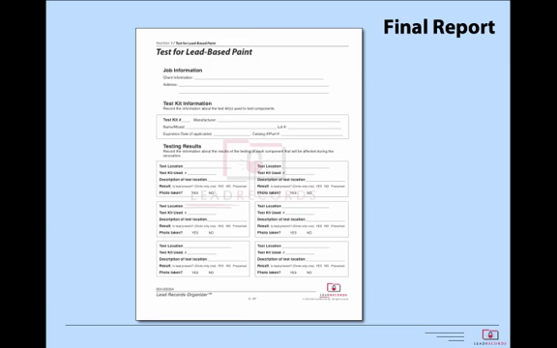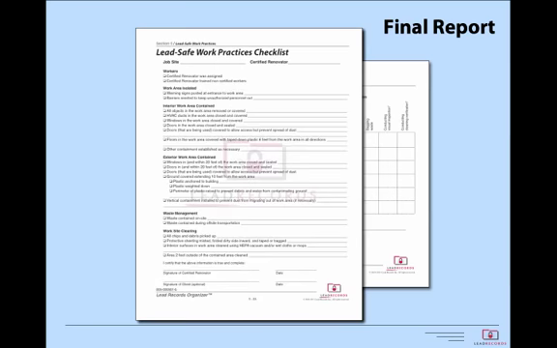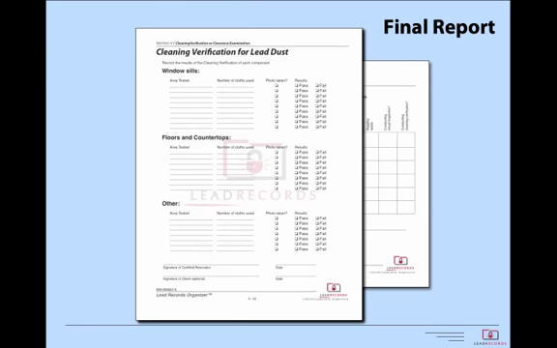When the job is complete, you're required to provide the client with important documentation. You will need to provide the client with a record of your lead paint test results, documentation that you trained the non-certified workers, a record of the lead-safe work practices you used, and a copy of the results of the cleaning verification or clearance examination.